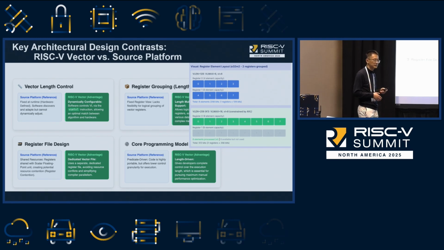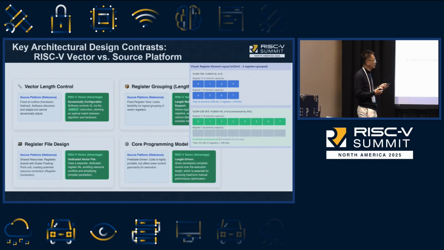It's the user's requirement, something you tell the hardware what you want to do. For example, here we have LMUL equals 2, so the hardware will say VLMAX is 16 elements. The hardware says I can process 16 elements at one time.